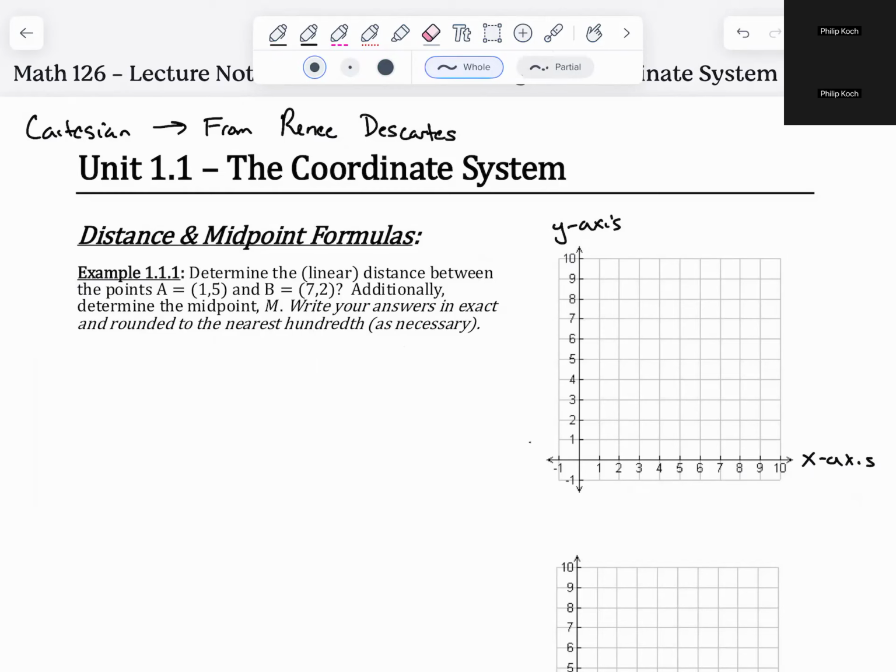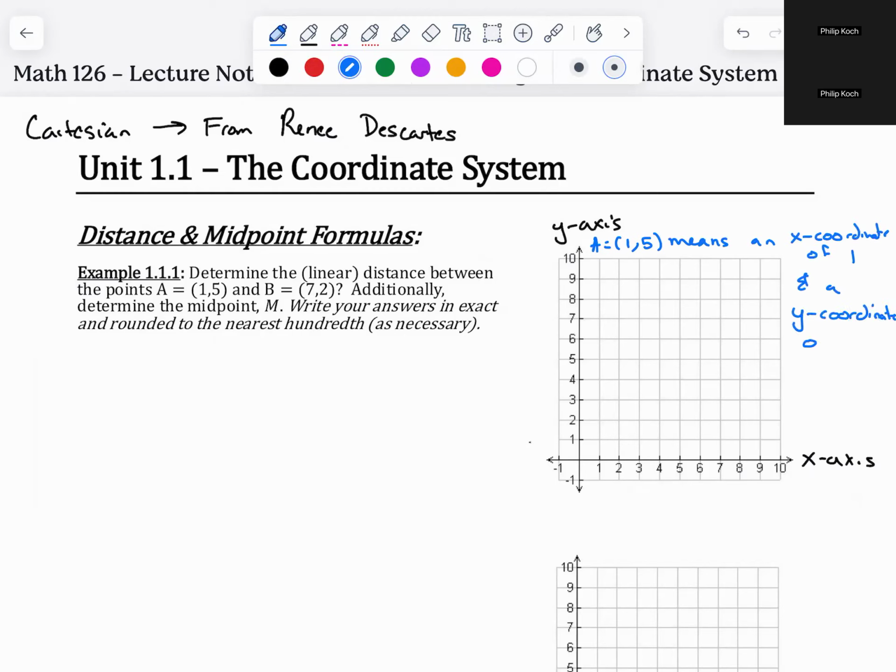Each tick mark on the horizontal line is an x coordinate or an x value, and the vertical ones are all the y values. So A equals 1,5 means an x coordinate of 1 and a y coordinate of 5.